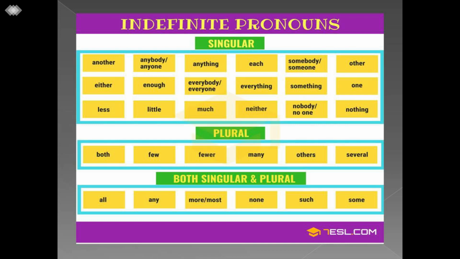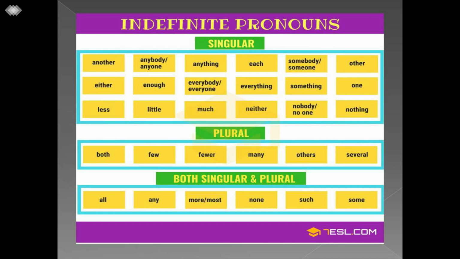So let's talk about one word each in these different forms. Let's take one word, other, in singular form, in the sentence: do good to others. Here, others is used as an indefinite pronoun. Now come to the plural form.